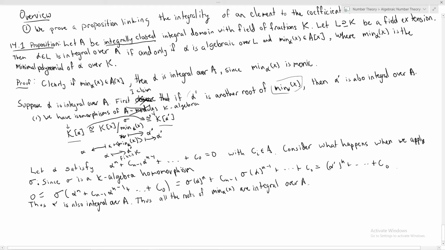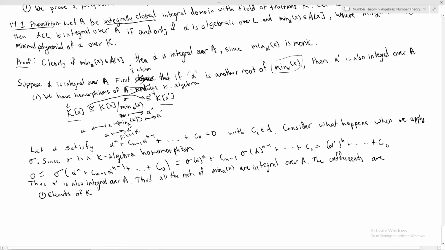One, they are definitely elements of K, because it's the minimal polynomial of alpha over K, so it has coefficients in K.